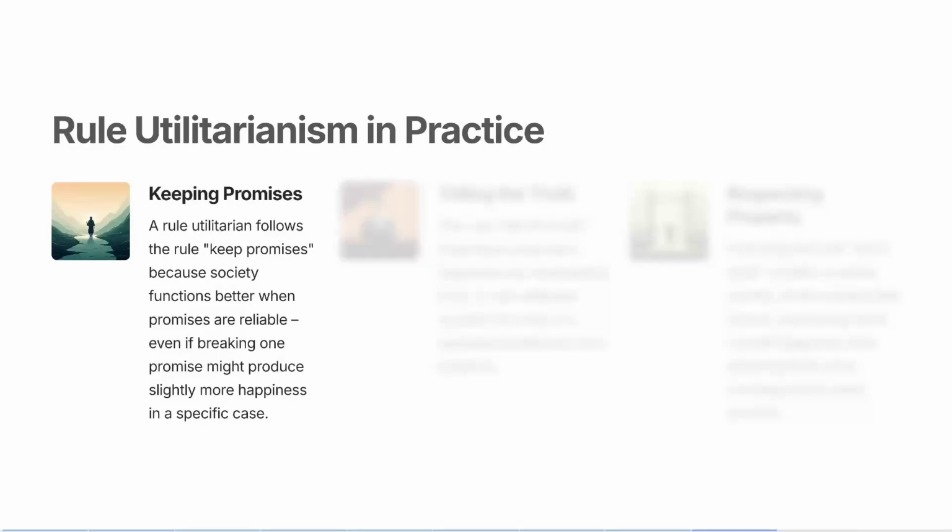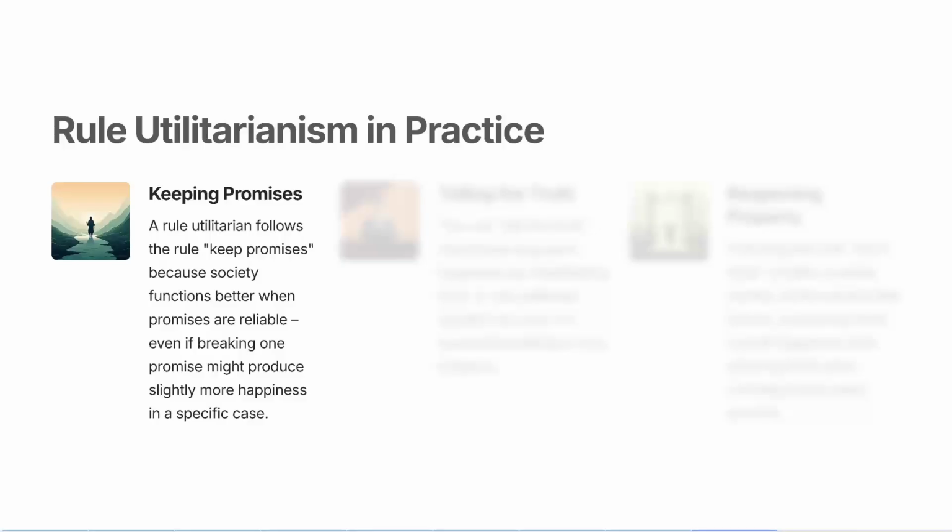Let's have a look at that in practice. So we could have a look at the idea of keeping promises. A rule utilitarian focuses on the rule and follows it by keeping their promise every single time, because they believe that society is going to function better if you are a reliable person and keep your promise.